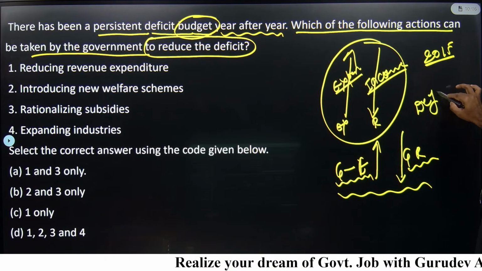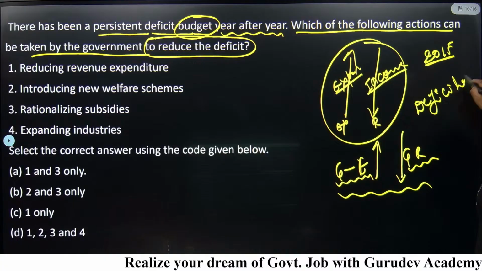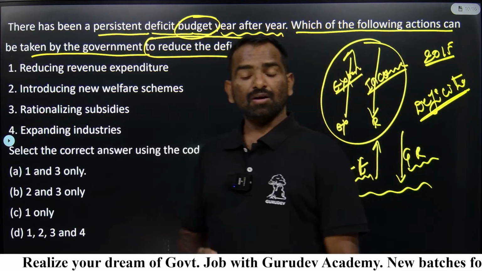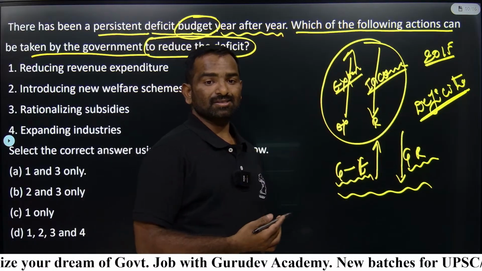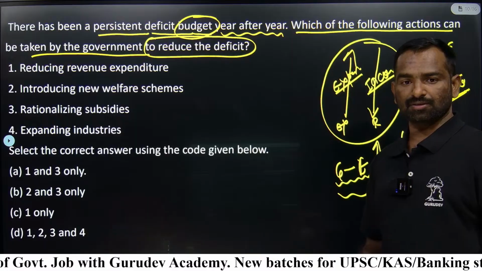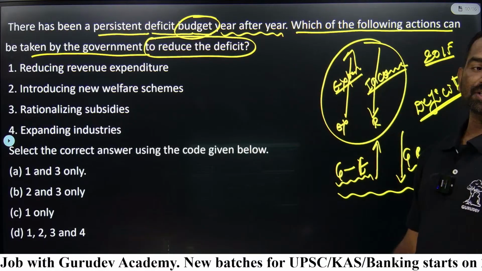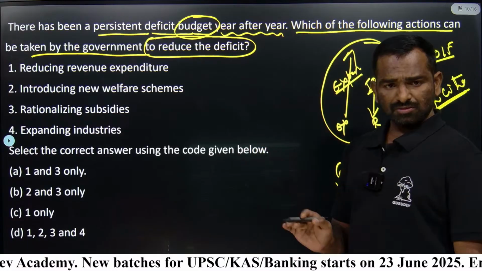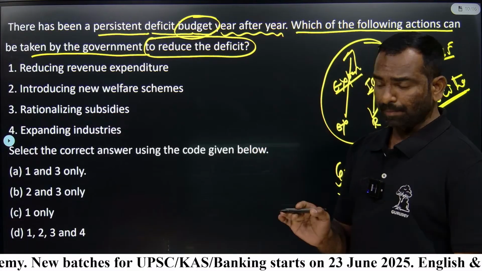Okay, deficit. What is deficit? Deficit is very simple. It is the situation where the expenditure exceeds the revenue or the income, and that situation is known as the deficit, right? And the question is regarding the budget deficit. The question is very simple.